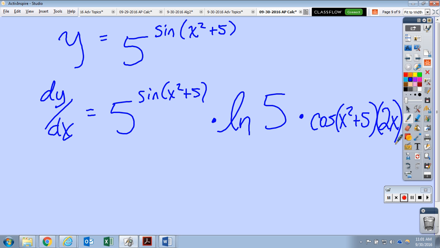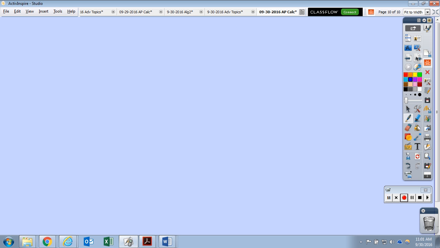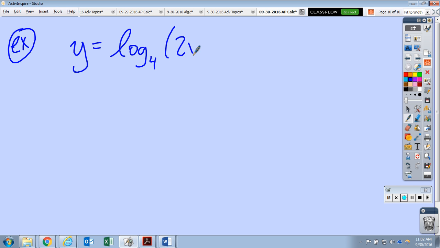Alright, so now we can look at a couple examples to go with the derivative of log. Let's say y is equal to the log of base 4 of u, where u is 2x cubed minus x.